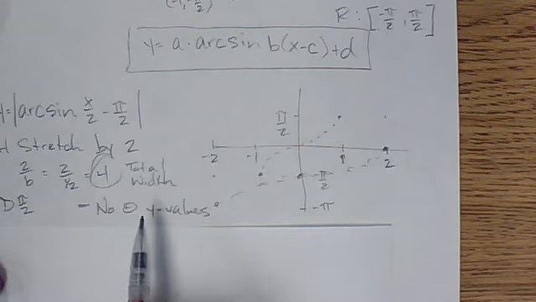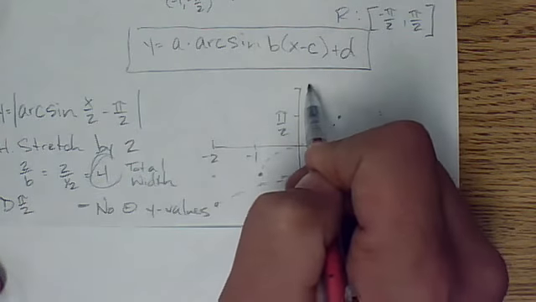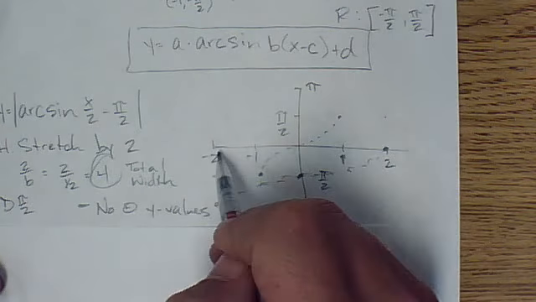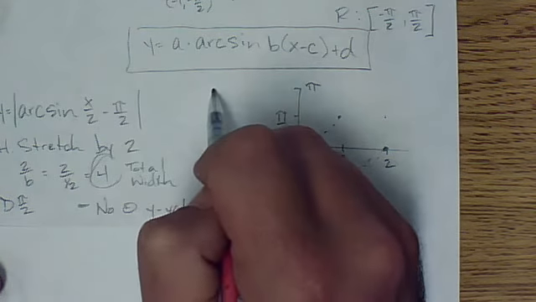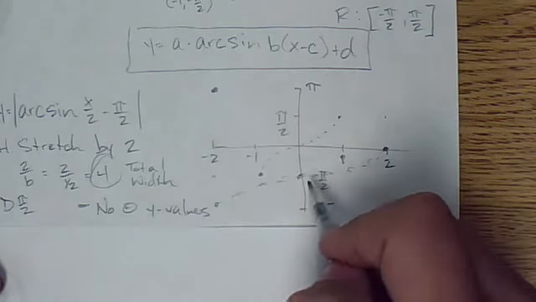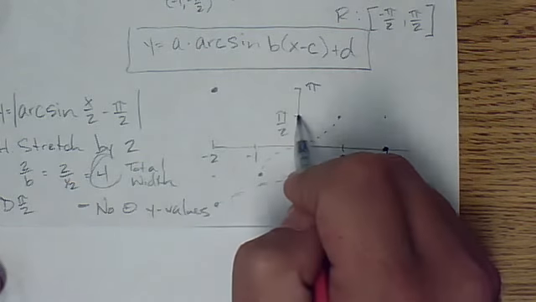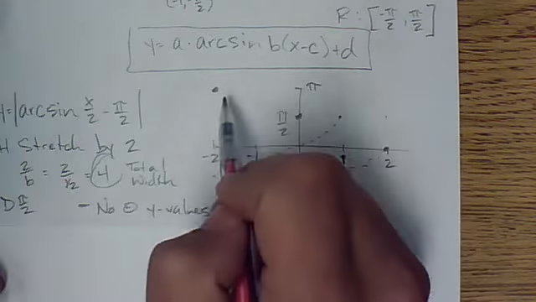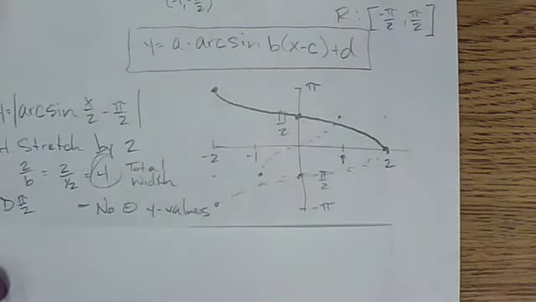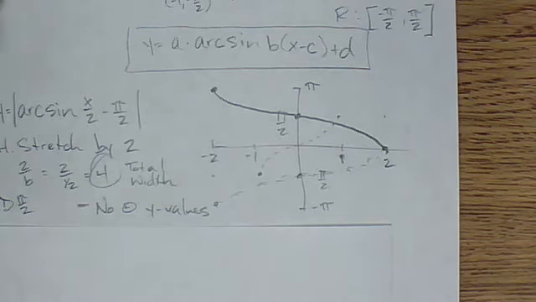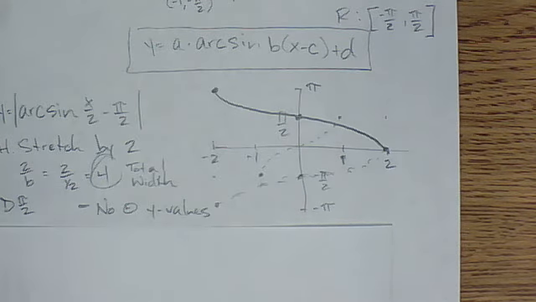And then the last one, no negative y values, so that needs to be flipped up. So instead of negative 2, negative pi, it'll now be negative 2, positive pi. That's what the absolute value does. This negative pi over 2 becomes positive pi over 2, and the graph looks something like this. And you're done.